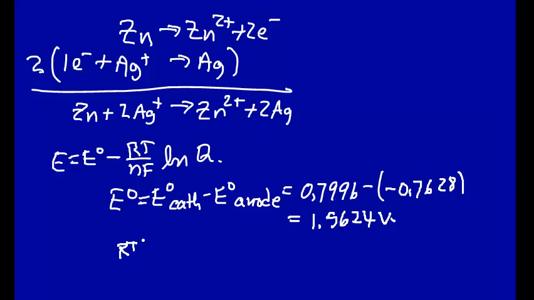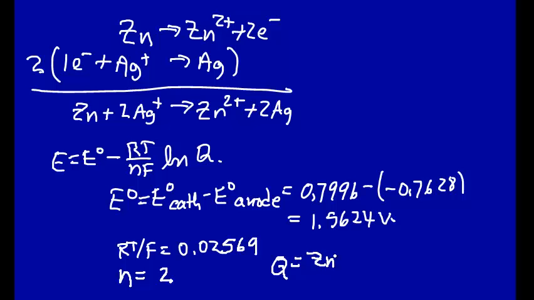RT over F, remember that was 0.02569. N for this equation, we have 2 electrons, so N is equal to 2. And finally, Q for this is equal to the products, which is zinc 2 plus concentration. Silver is a solid, does not appear in the equilibrium expression.